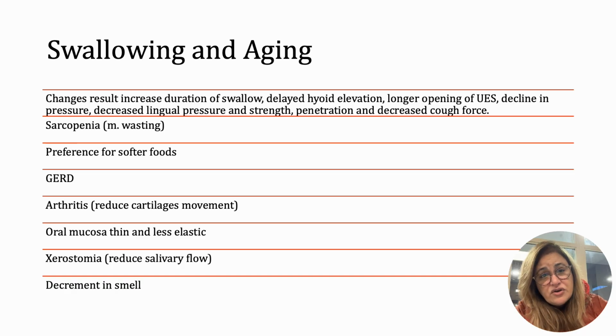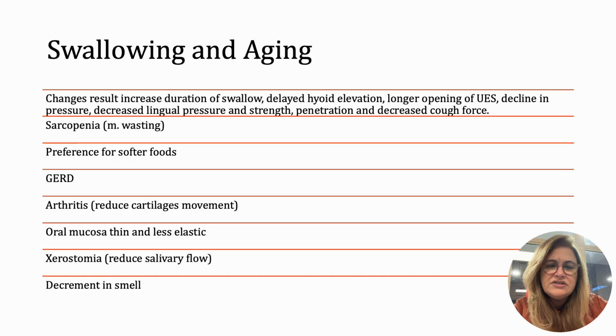The pressure of the tongue is also reduced because of sarcopenia, penetration or aspiration may be a little more frequent than in younger folks, and the cough or protection of the airway may be diminished or reduced. That's happening because of aging.